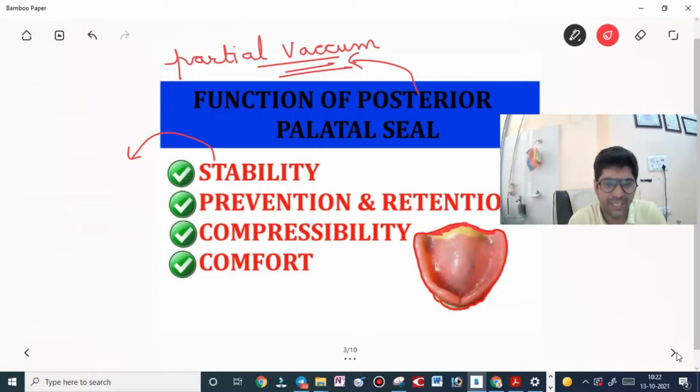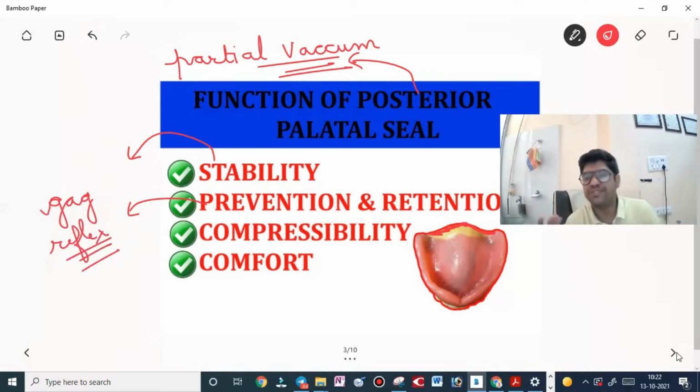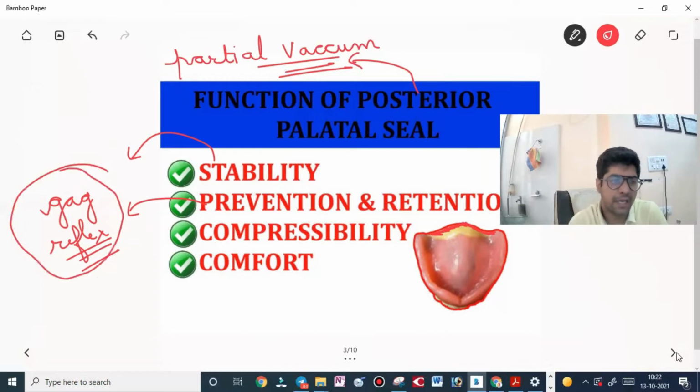Second comes the prevention and retention. So it reduces gag reflex, as there is no separation between the denture base and the soft tissue. So that is why it reduces the gag reflex.